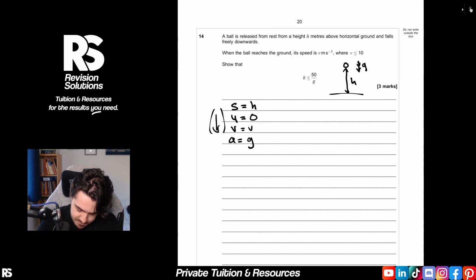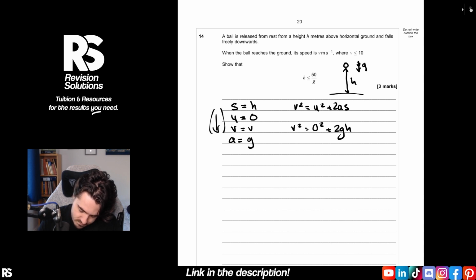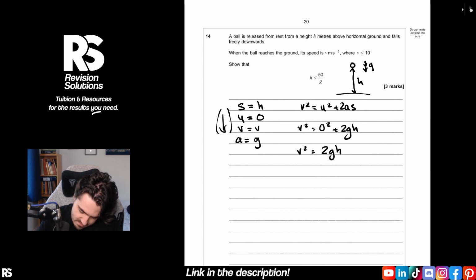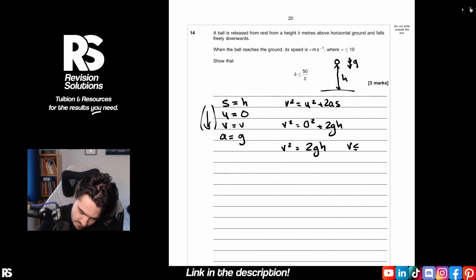Then to get an expression for v, we can use v squared equals u squared plus 2as. So v squared would equal 0 squared plus 2gh. So v squared would equal 2gh. And if v is less than or equal to 10, then v squared must be less than or equal to 100.